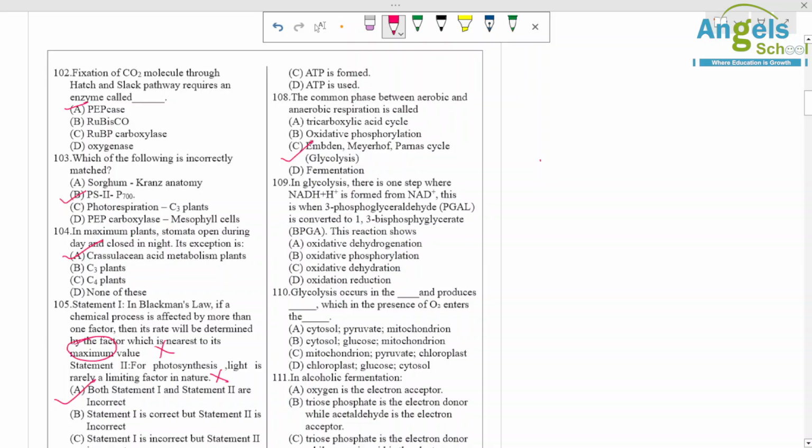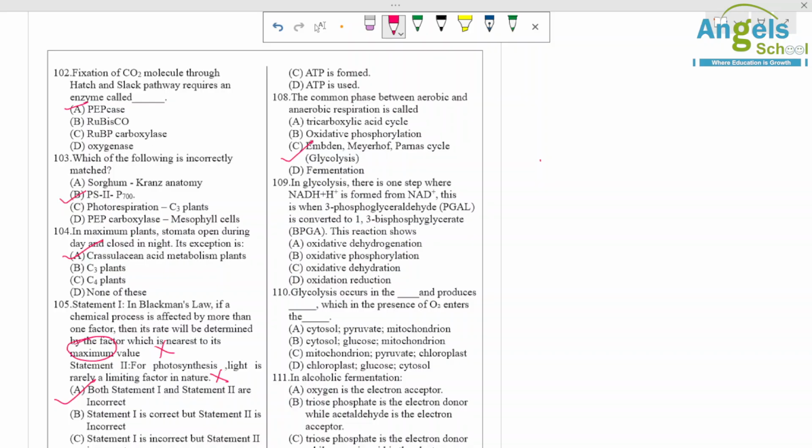Simple question, theory based. In glycolysis, there is one step where NADH is formed from NAD+. This is when 3-phosphoglyceraldehyde, that is PGAL, is converted into 1,3-bisphosphoglycerate, that is BPGA.